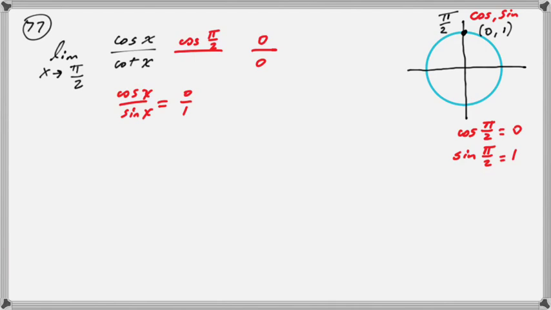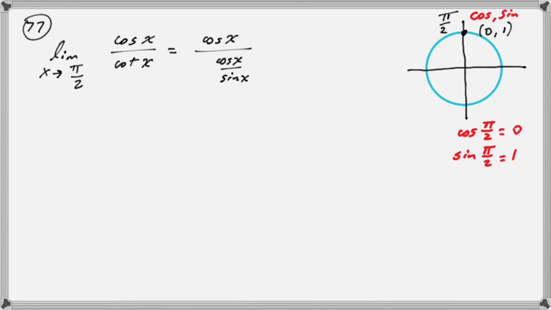Because it is 0 over 0, I have to be able to deal with it in some manner, so I'm going to make a little room. I suggest breaking everything up into sines and cosines. Cosine obviously is just cosine. Cotangent is cosine over sine. So I have cosine, and how do I divide by this fraction?